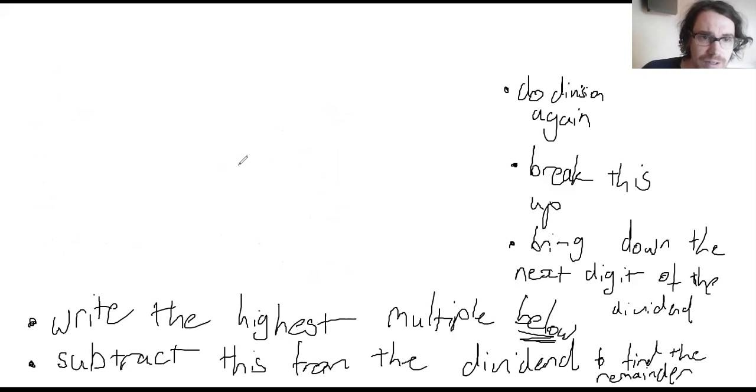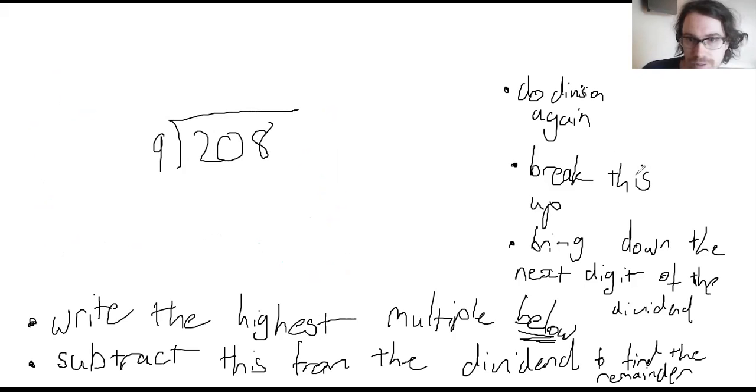What about 208 divided by 9? So we have to break this up first. We're not going to divide 9 into 208. We're going to divide it into 20 first. Okay?